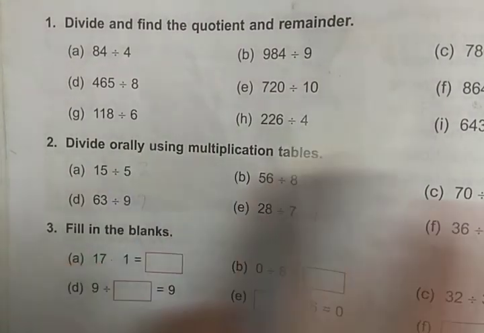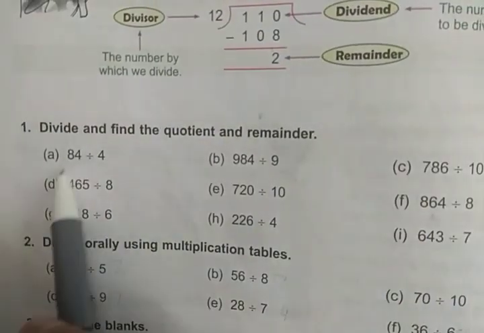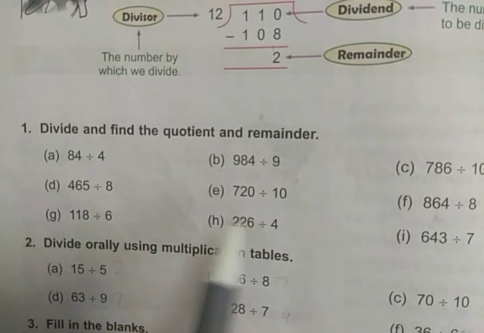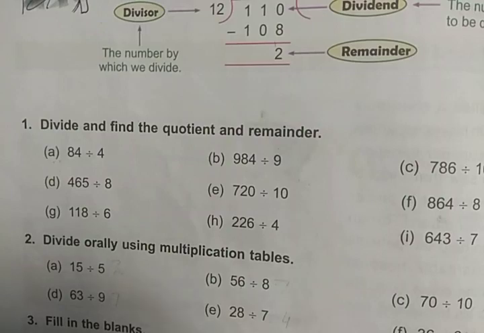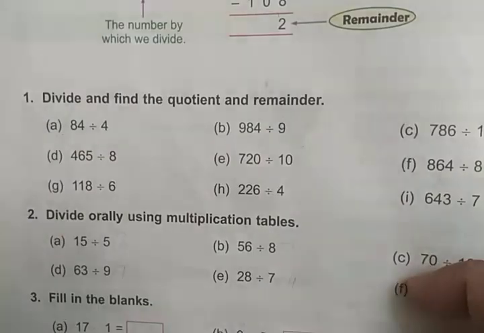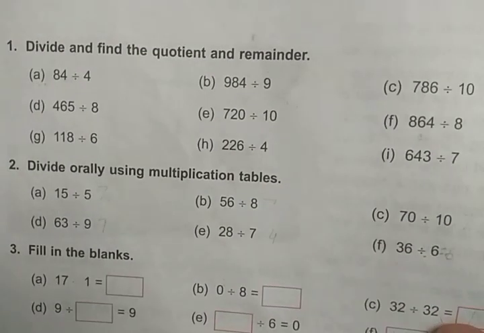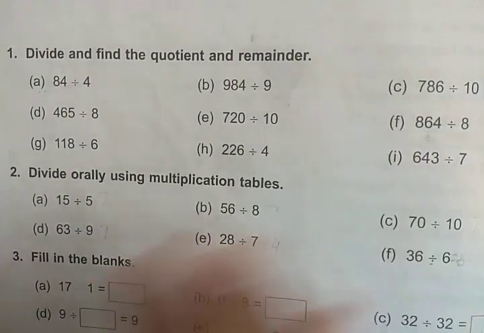Now divide these questions we have already done. I have taken these two questions, A and D parts. The rest of the questions you can try, and it will be helpful for you to do the next questions.